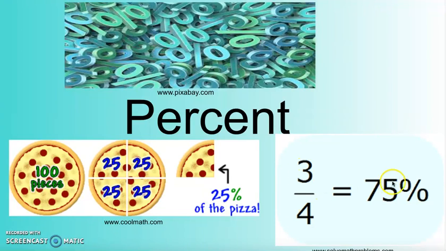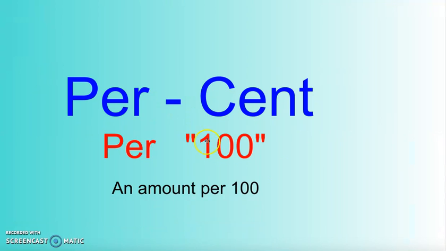And so 75% would be equivalent to 3/4. So if percent means per 100, then basically we are just finding the amount per 100. And so that is our definition of percent, is an amount per 100.